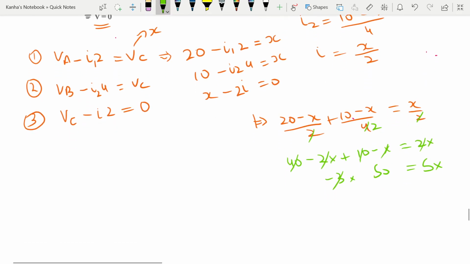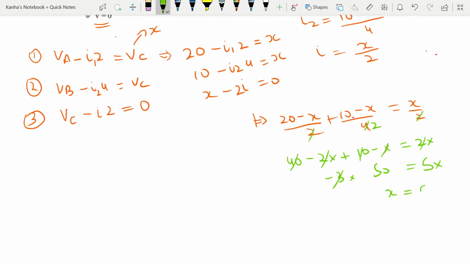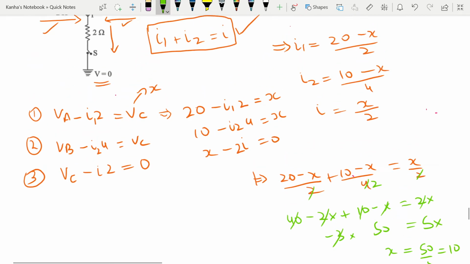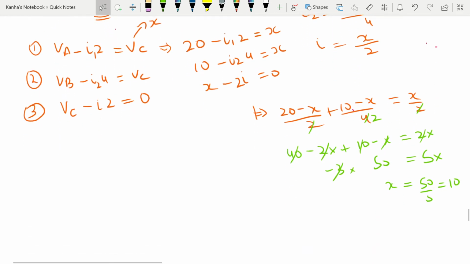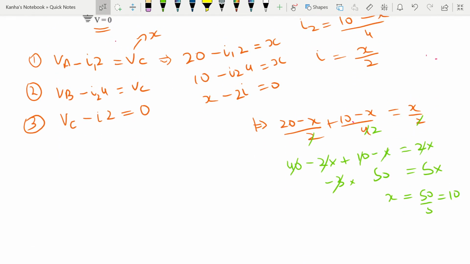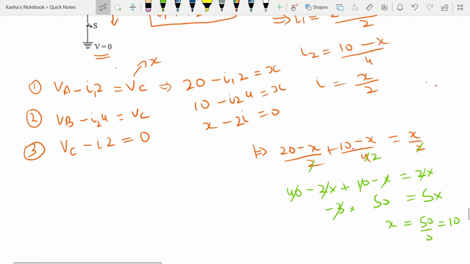So 50 is equal to 5x, or x is equal to 50 divided by 5, which is 10. So the value of the potential at x is equal to 10. Now I can easily find the current I, because current I was given by x by 2, which is nothing but 10 by 2 is equal to 5.